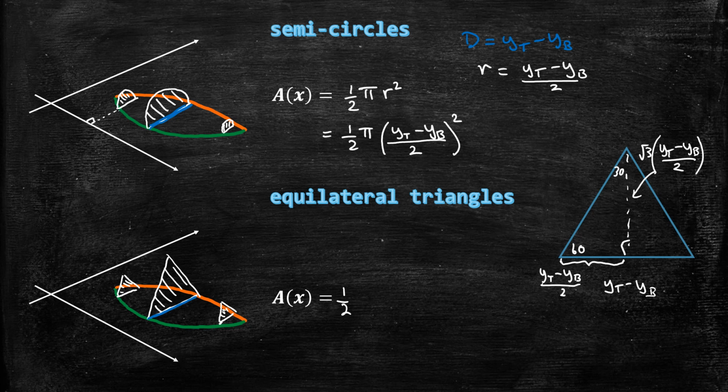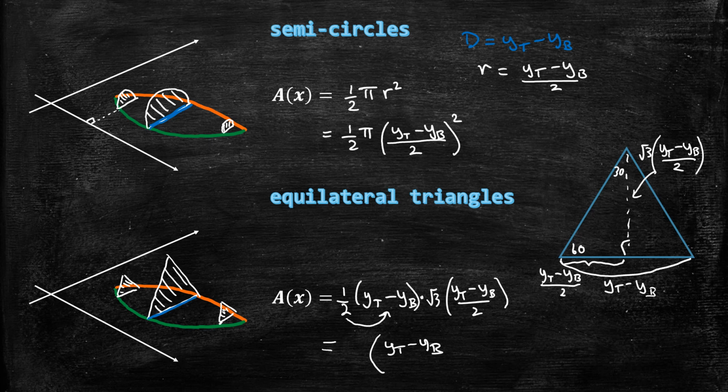Well, when I say the base, I mean the whole base, so yt minus yb, times the height, which is rad 3 times yt minus yb over 2. And just to tidy this up and make it a little easier to remember, I'm going to bring this 2 inside here. So we have yt minus yb over 2, squared, with just a root 3 in front. So if we look closely, the formulas are pretty similar for semicircles and equilateral triangles. It's just this constant in front that's different.